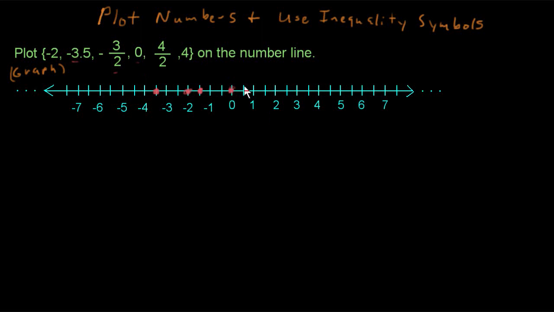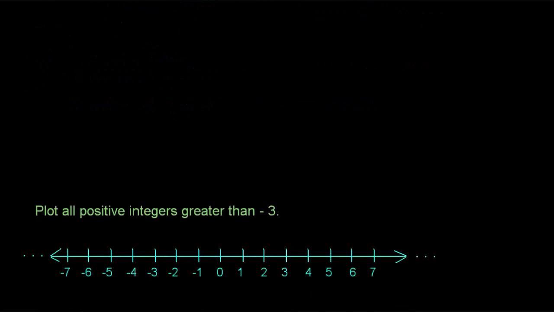By the way, 0 is neither positive nor negative. 4/2, we can count out by half: 1/2, 2/2, 3/2, 4/2. Notice that it's the same as 2. And +4 is our last number that we're plotting. And so we've plotted some numbers on the number line.